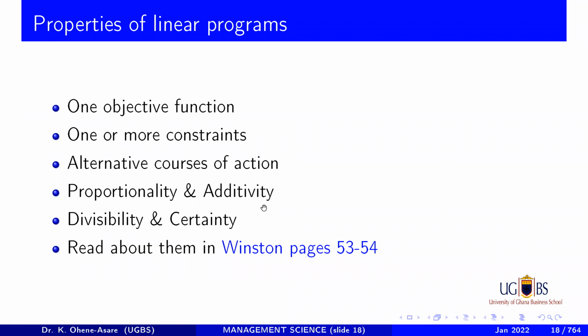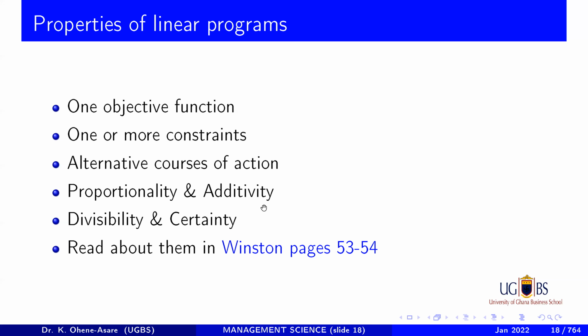The second thing about a property, one of the features you will note about this linear program, is that you can have more constraints or one constraint. One of the constraints can be labor, capital, time, and all of that. There are also alternative courses of action. So it's not one course of action you got to deal with. There are several options.